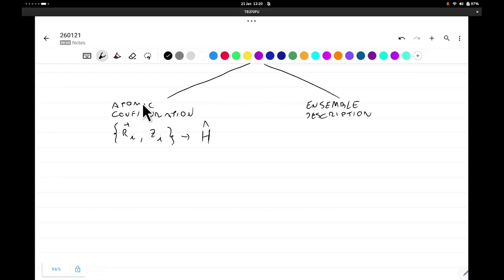when we go to the ensemble description, the prototypical one is starting from the chemical formula. Say that we represent a material as some kind of a chemical formula.